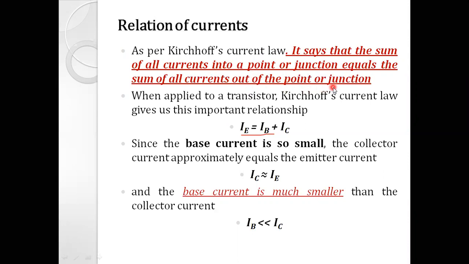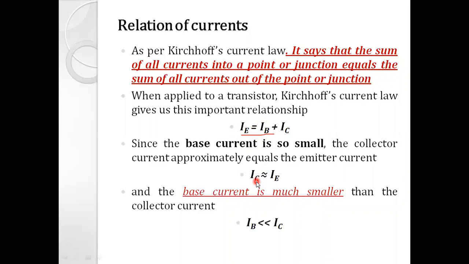Emitter is injecting the carriers, the base region collects a few of the majority carriers, and the rest of the majority carriers are collected by the collector. So the total emitted carriers equal the carriers collected by the base region plus the carriers collected by the collector region. So IE is equal to IB plus IC.